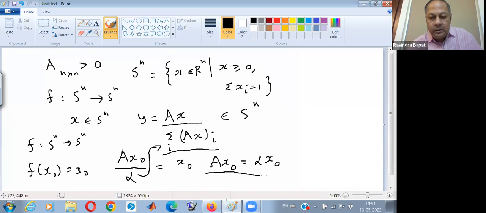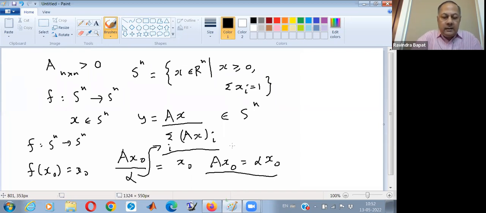Alpha is definitely positive, and x_0 is non-negative at least. So we have shown the existence of a positive eigenvalue, and also a corresponding non-negative eigenvector. So by Brouwer's fixed point theorem, the proof is immediate.